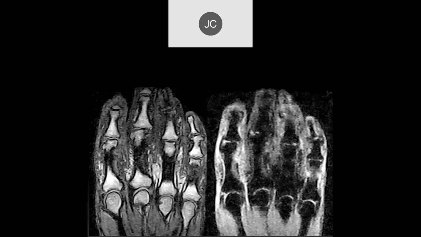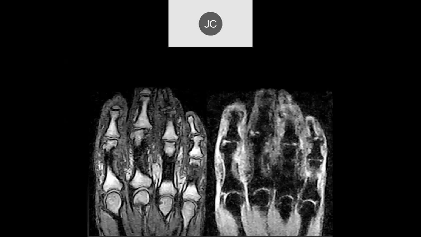Degenerative disease of osteoarthritis typically starts in the DIPs, where psoriatic arthritis can affect both. You can have psoriatic arthritis and rheumatoid arthritis in the same patient, and that's seen. But typically, psoriatic arthritis will preferentially involve not just the peripheral joints, but also the tendons and the tendon sheaths.